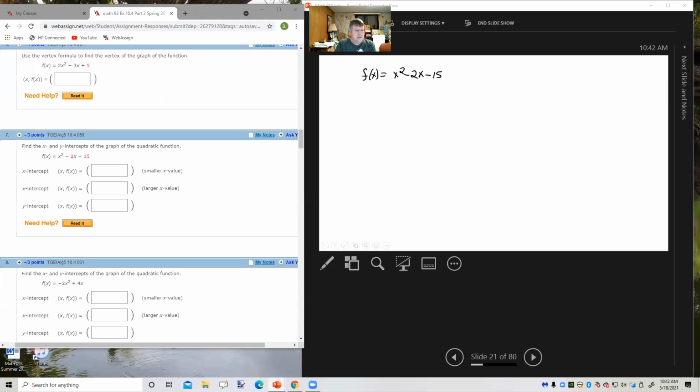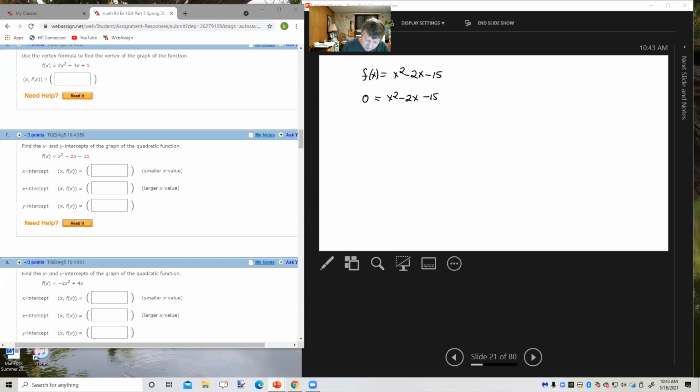To find the x-intercepts, we set y equal to 0. Remember that f of x is the same thing as y. So if we set this equal to 0, oh, this looks like the form that we use when we use the quadratic formula to solve the equation.